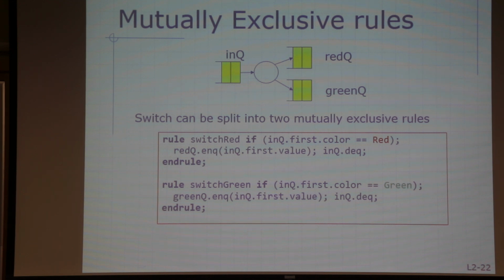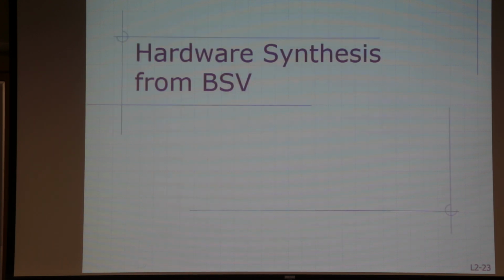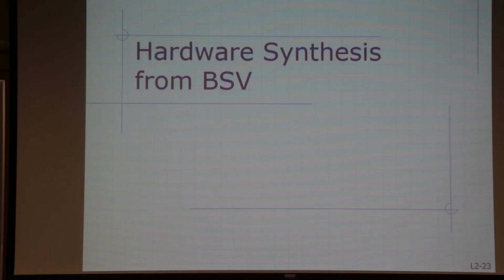These two programs, from our point of view, are equivalent. It wouldn't matter which way you write it, so it's a question of taste, which one you prefer to write, because only one of the rules can be active in a given state. These are so-called mutually exclusive rules.